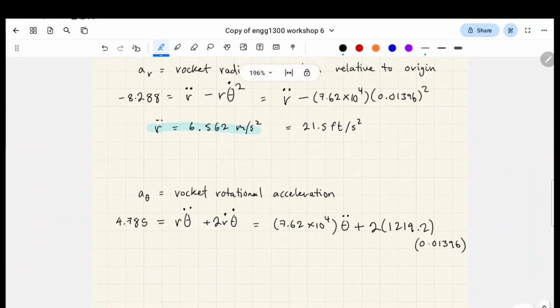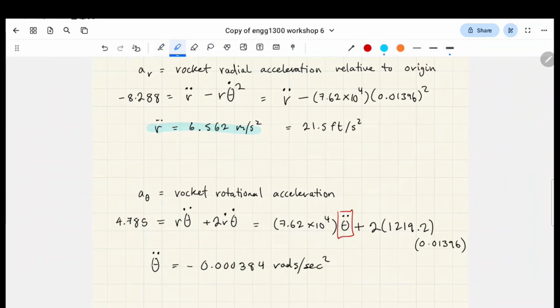When we solve for our unknown, we get this answer.